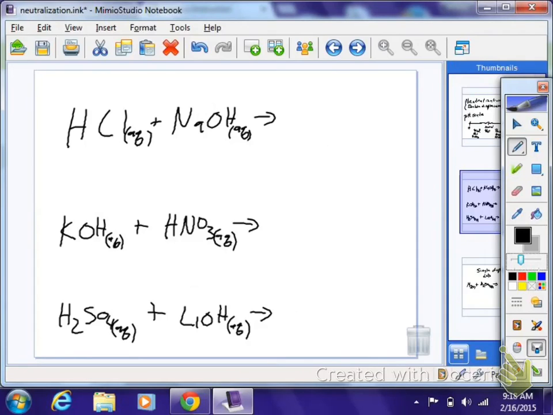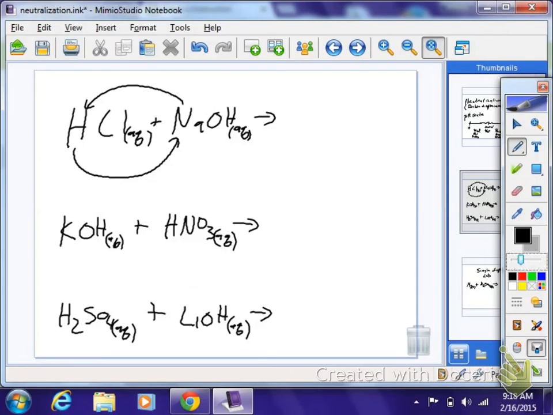So the first one is a double displacement. Hydrogen's kind of like a metal. It's over in that alkali group, similar to it. So H will come in and replace the Na, and the Na will take the place of H. So it's kind of like a double switch.